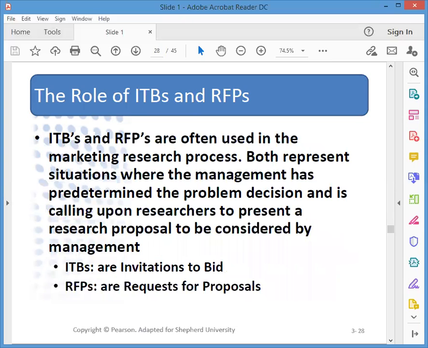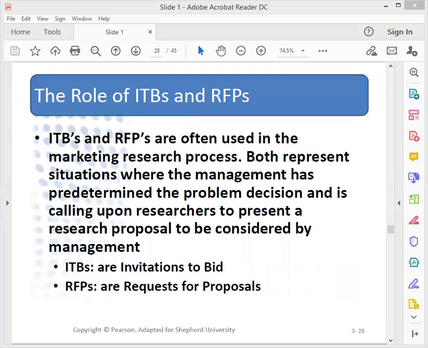So ITBs are invitations to bid, and RFPs are requests for proposal. They're often used in the marketing research process, and both can happen when management has predetermined the problem decision and is calling on researchers to present a research proposal to be considered by management.